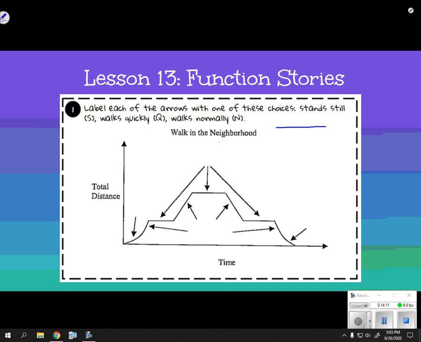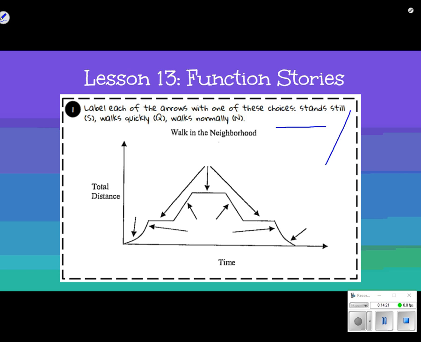So something's happening, but not a whole lot is happening. Steepness is going to indicate that something's happening quickly if it's really steep. If it's not quite as steep, it's happening just slower. So we are looking at steepness of a line.